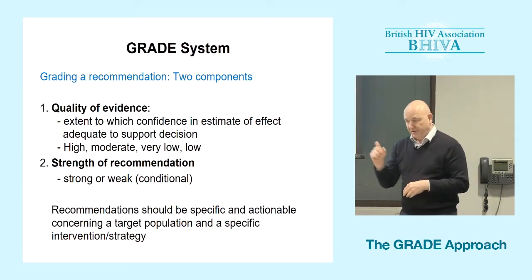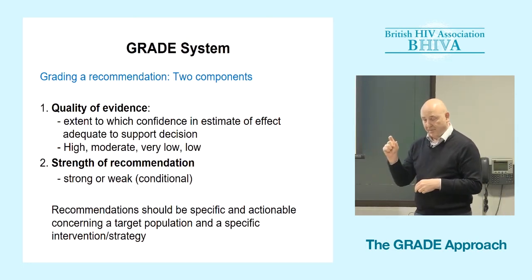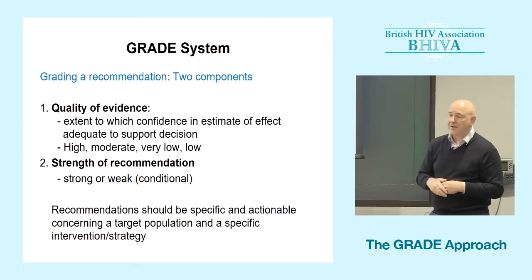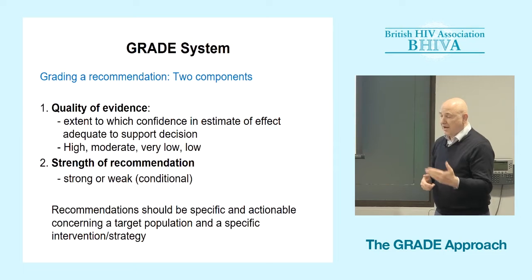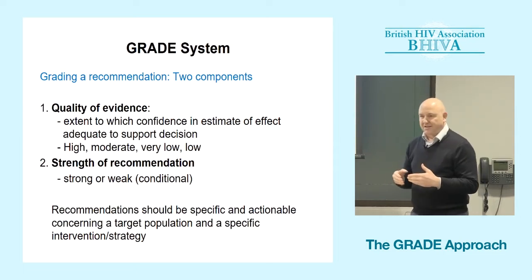Once you've defined your evidence across each outcome, how you grade the evidence may then depend on how you've graded your outcomes with regard to critical, important, or not important. Because clearly, if you have very good evidence for an outcome that is not particularly important for clinical decision making, that may not be so important if you have evidence for a critical outcome that is graded as very low quality.